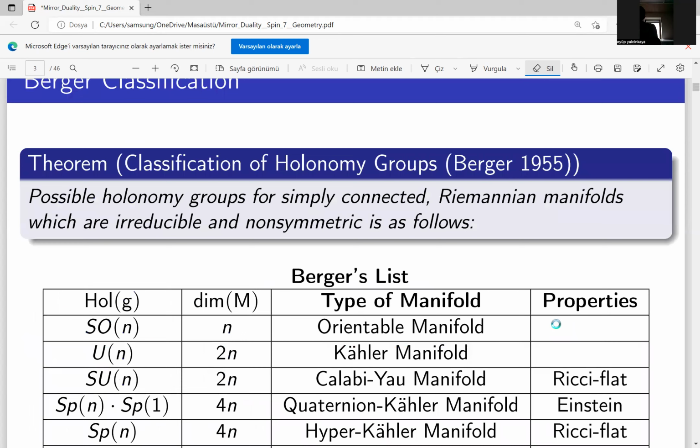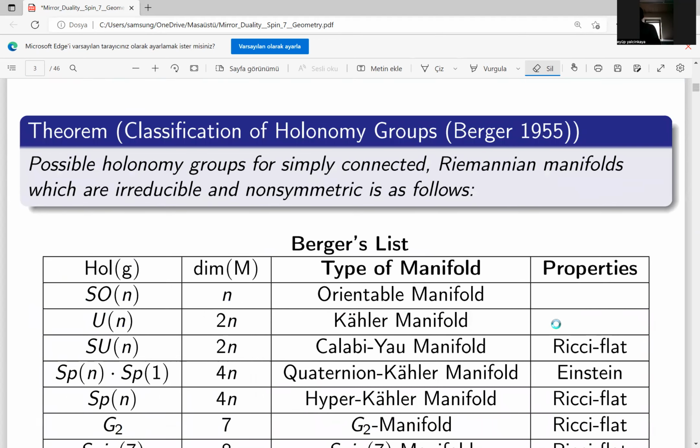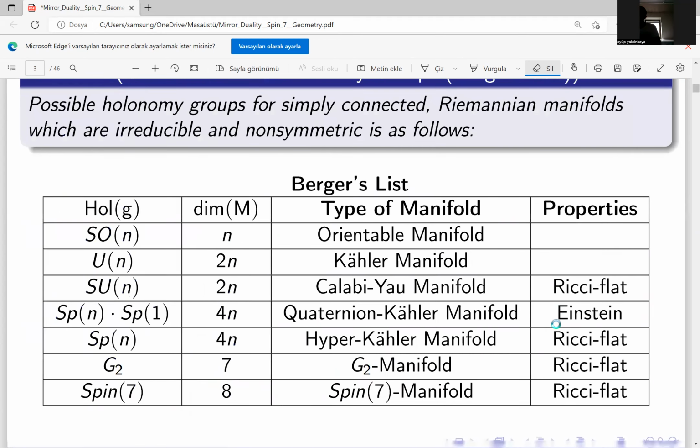So we taught this classification before. You can remember this is the famous classification of holonomy, for simply connected Riemannian manifolds where the holonomy groups are irreducible and non-symmetric. In general the largest group is just SO(n), which is only the orientable manifold.